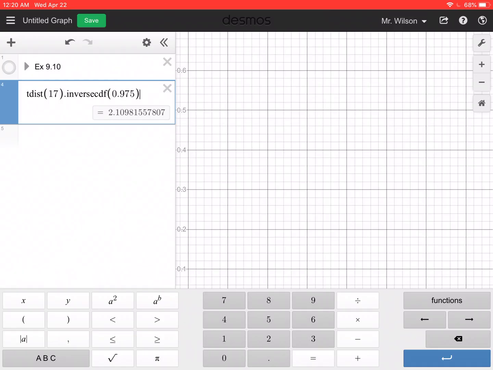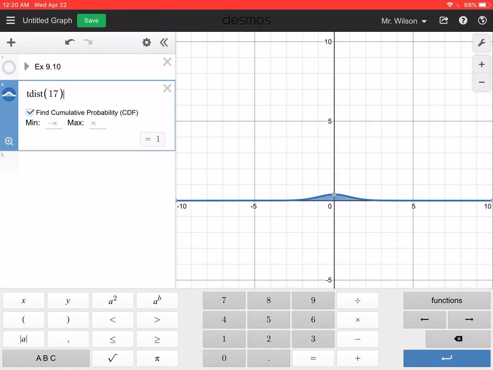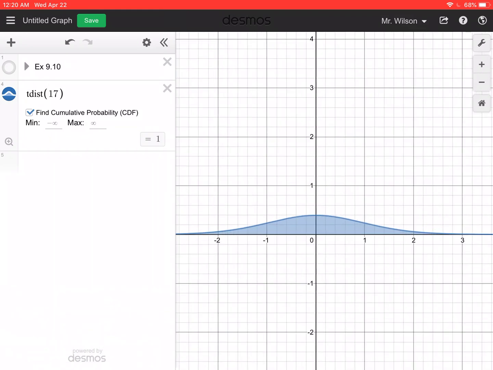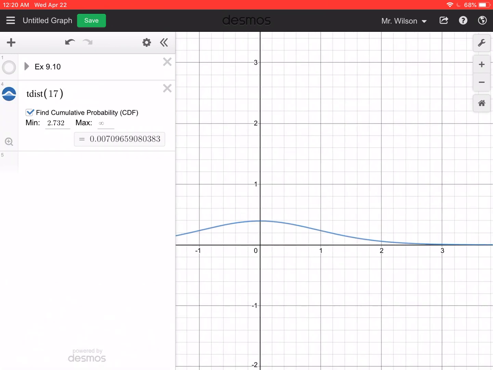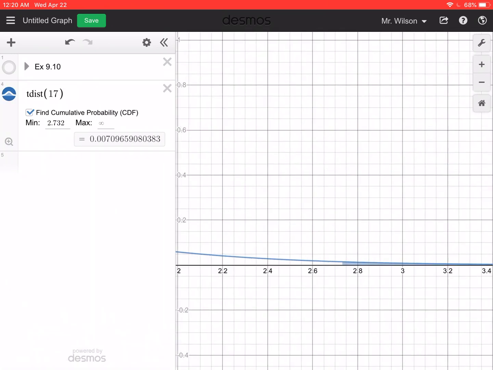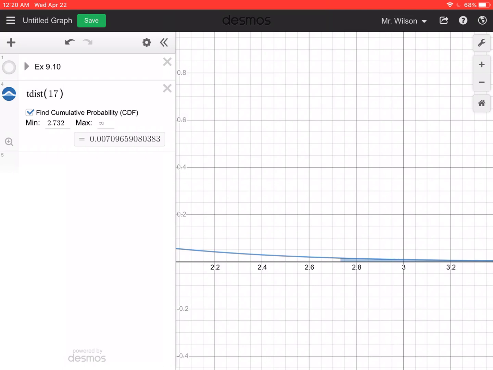Again, we're going to be using Desmos here, using that t distribution, and just get rid of the inverse function here. So t distribution with 17 degrees of freedom, and we're trying to find that area above 2.732. So that's going to be up here. There it is right there. And that's going to be approximately 0.007.